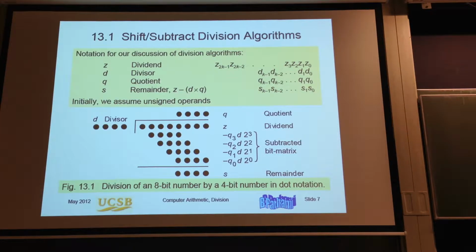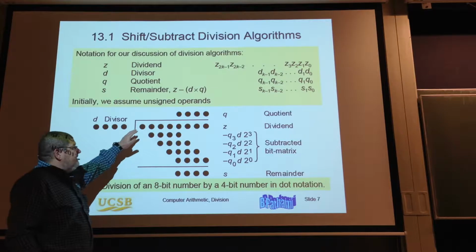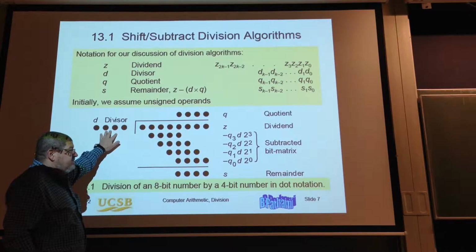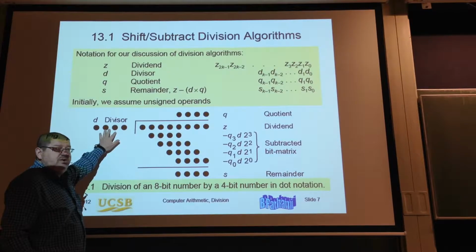Essentially, if you want to do division, you have two operands which are now not equal in width. You have the dividend, which is the one that you attack, and you have the divisor, which is the one which is active, which is doing the work.